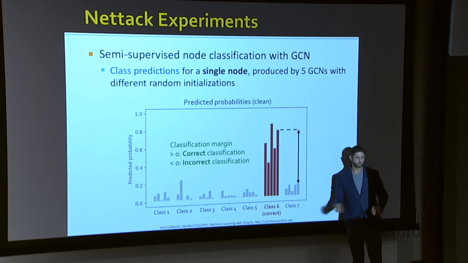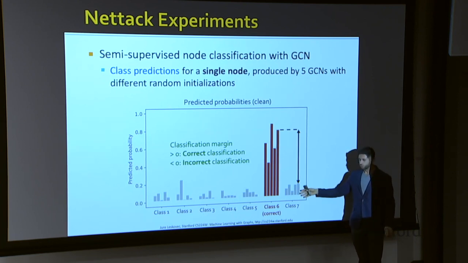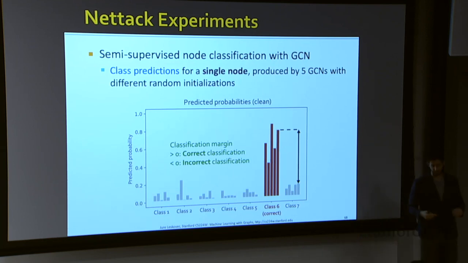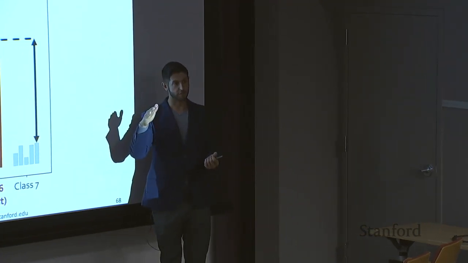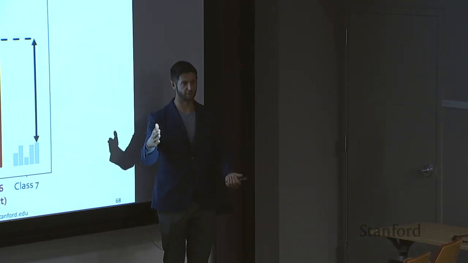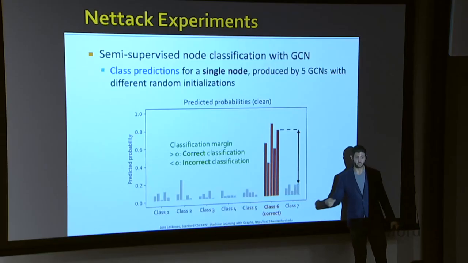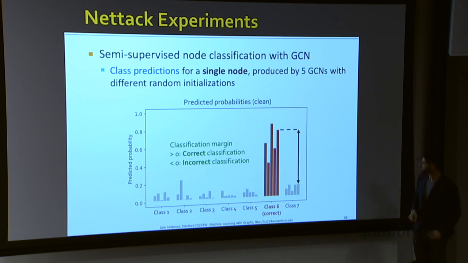So not only do we care that the highest probability is assigned to the class that we want to fool the classifier with, but also we want a high margin so that the attack is very reliable. And no one can use the confidence of that prediction as a signal of whether an attack is happening or not.